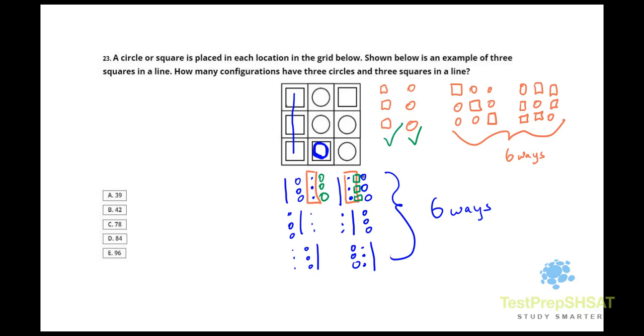So that means for each of these 2 cases, I have +2 to count. Well, that's going to be true on our next row with all the squares in the middle. There will be +2 counts. One column could be all squares, but the other column would have to be all circles again to avoid that repetition. And then +2 here, which means I've got 6 ways more that I have to add.